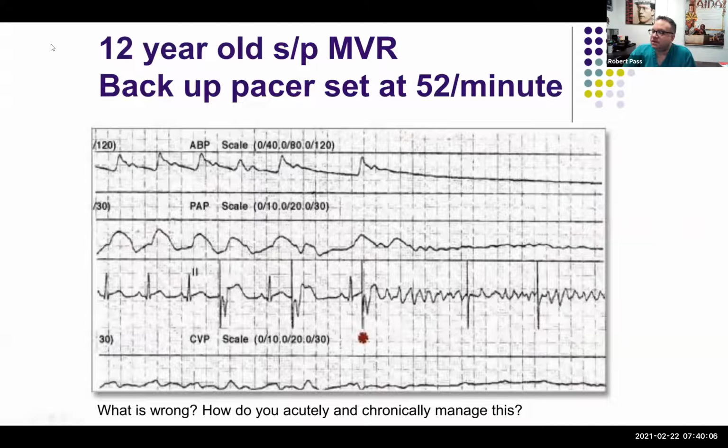Okay, this is a 12-year-old following mitral valve replacement, and the backup pacemaker is set at 52 beats per minute. I do not know why at that strange rate. And my question to you is, what is wrong here?